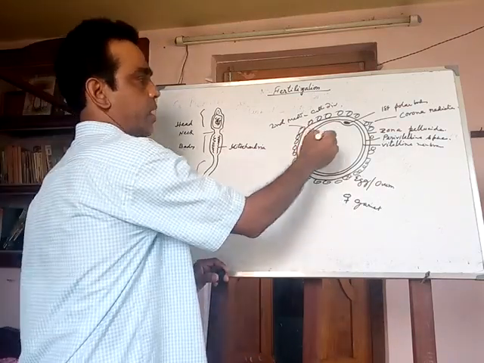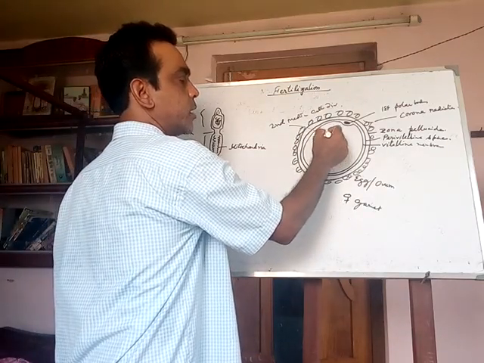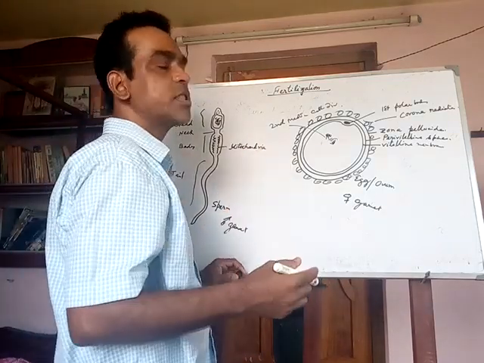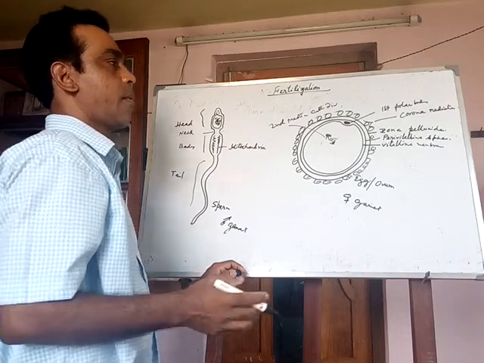One is the haploid nucleus and another is the second polar body, made by the second meiotic cell division.